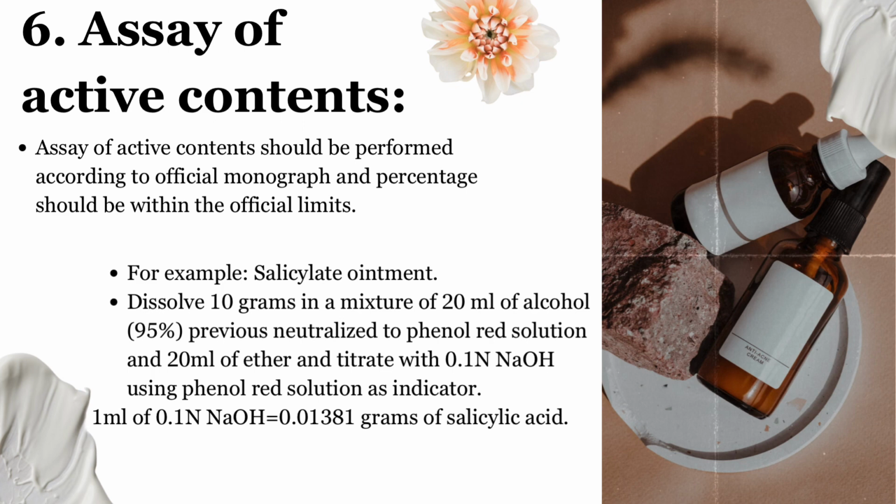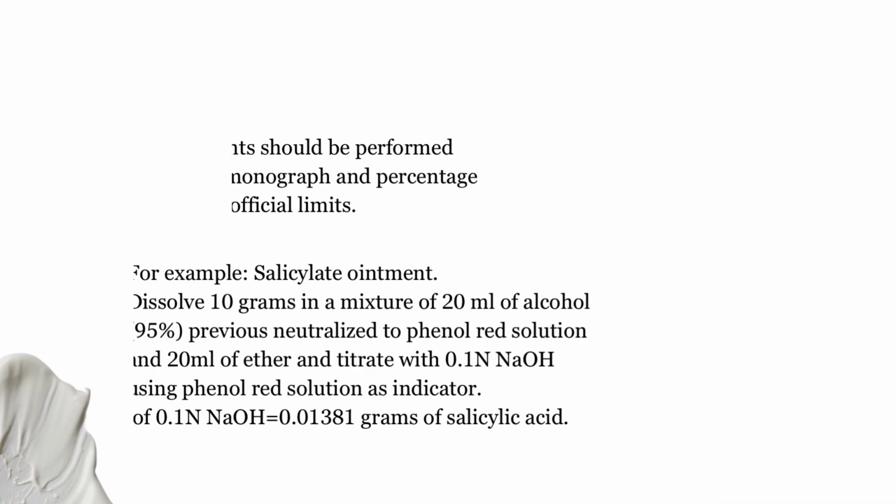For example, salicylate ointment: dissolve 10 grams in a mixture of 20 ml of 95% alcohol previously neutralized to phenol red solution, and 20 ml of ether, and titrate with 0.1 N sodium hydroxide using phenol red solution as indicator. 1 ml of 0.1 N sodium hydroxide equals 0.01381 grams of salicylic acid.